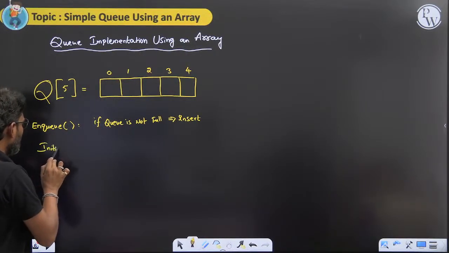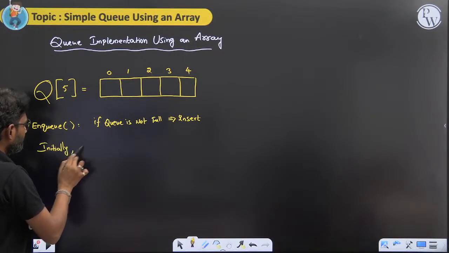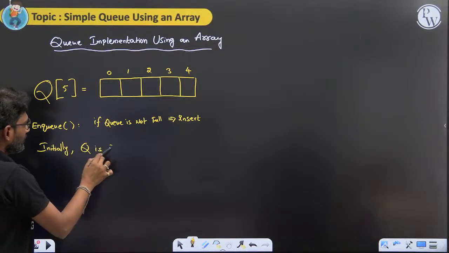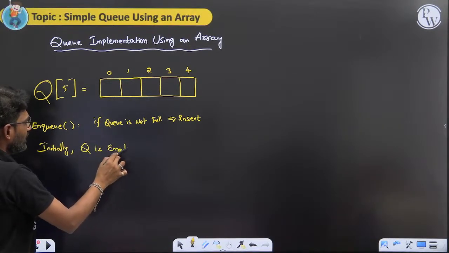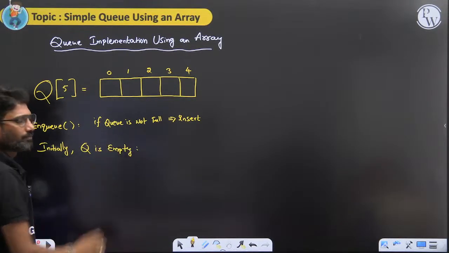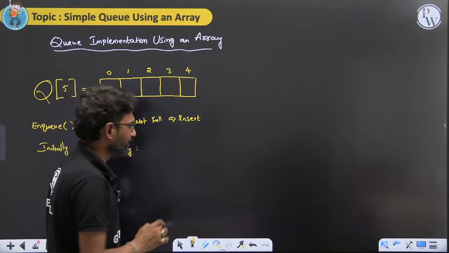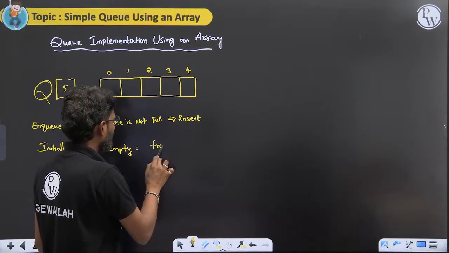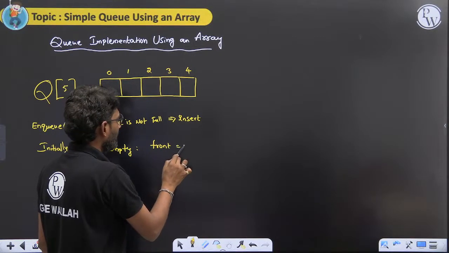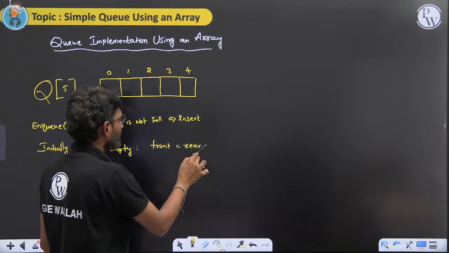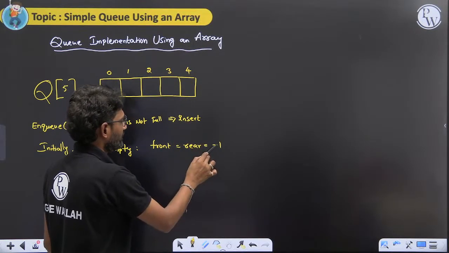Initially when the queue is empty, nothing in the queue, what will be the front value and rear value? Front and rear will be initialized to -1.